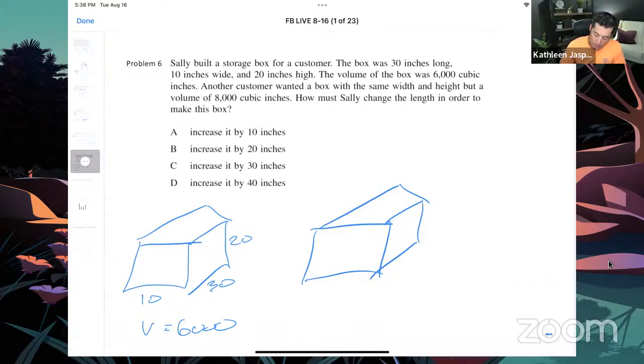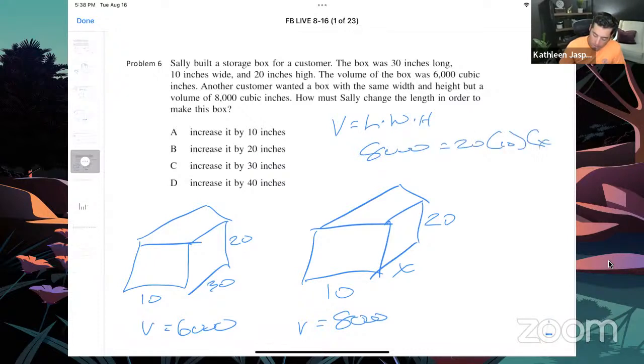So if I have 10 width and 20 height, then I have to figure out what this one is, which is my length. The volume has to be equal to 8,000. Volume is equal to length times width times height. So 8,000 is equal to 20 times 10 times, we'll call it X.